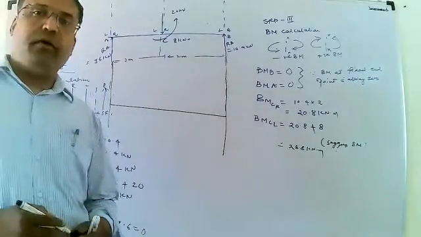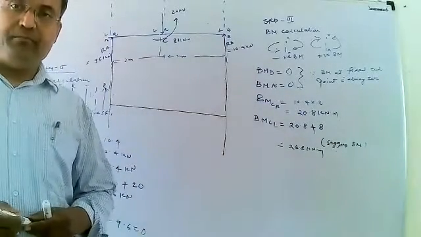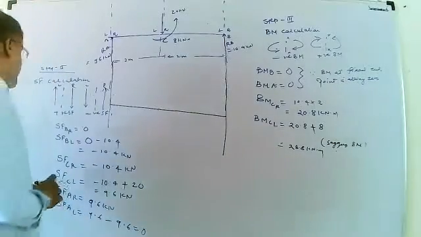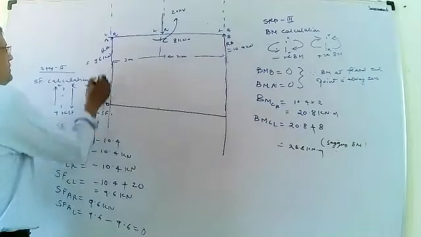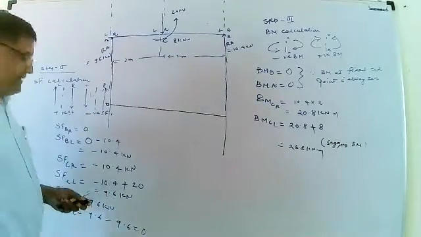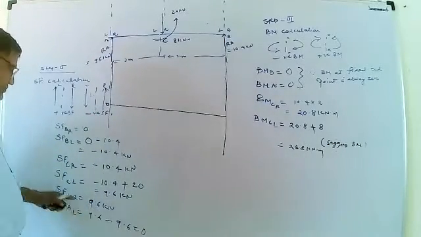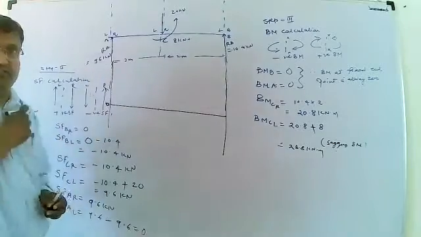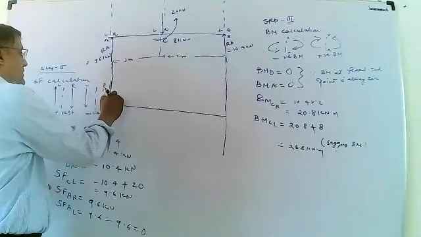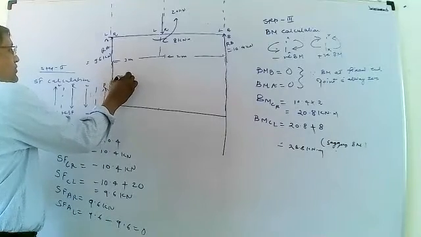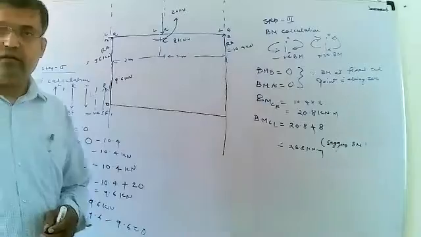First, draw the baseline or a datum line. Here, first at the point A on the left side, the value already calculated is 0. Right side 9.6. The direction of the force is upward, 9.6 kilonewton.